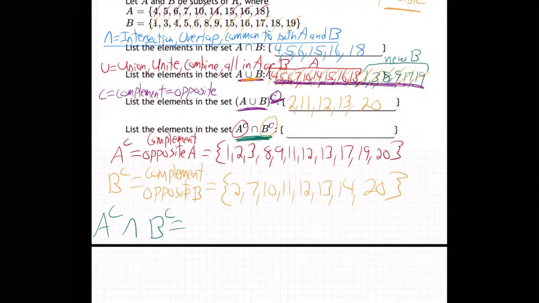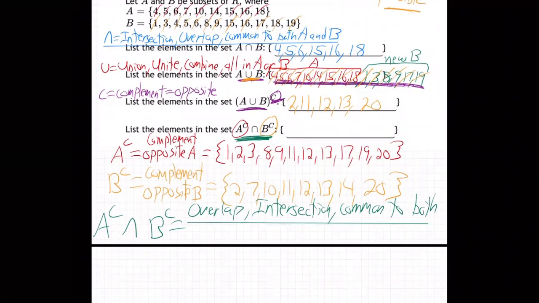So I found A complement and I found B complement, the opposite of A and the opposite of B. And now I'm going to take the overlap, the intersection. What's in common to both, right? That's what overlap means. What's in common to both. So let's do it. What's in common to both?